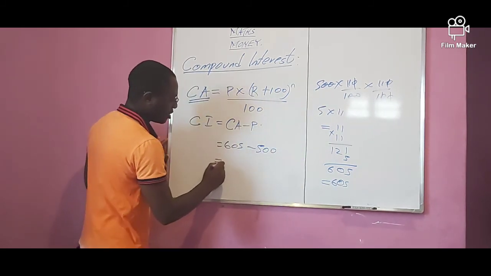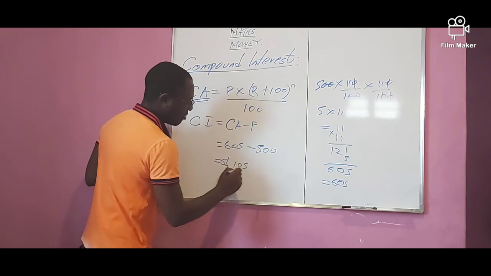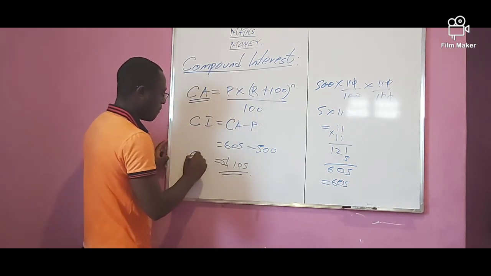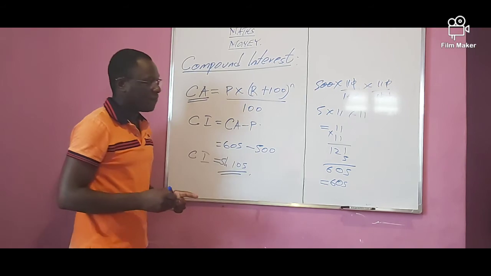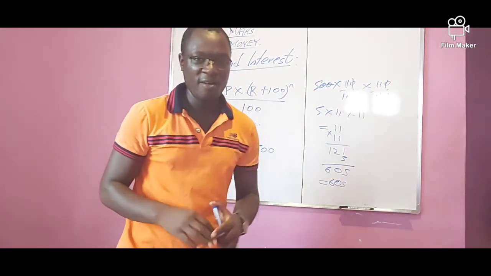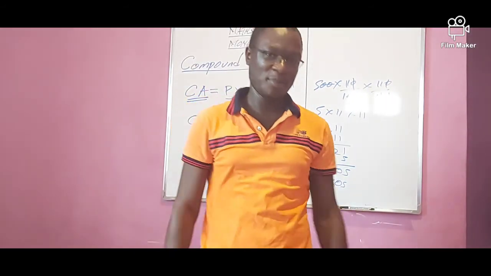When you subtract, you'll have 105 shillings as your compound interest. Very simple formula for compound interest.